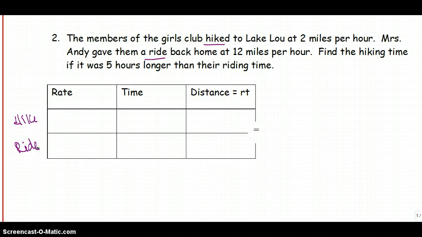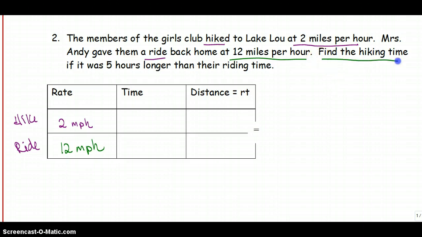Well, what's their rate when they hike? Okay, they hike at 2 miles per hour. What's their rate when they ride? Oh, 12 miles per hour. Oh, Mrs. Andy was driving slow. Now, what's the time?